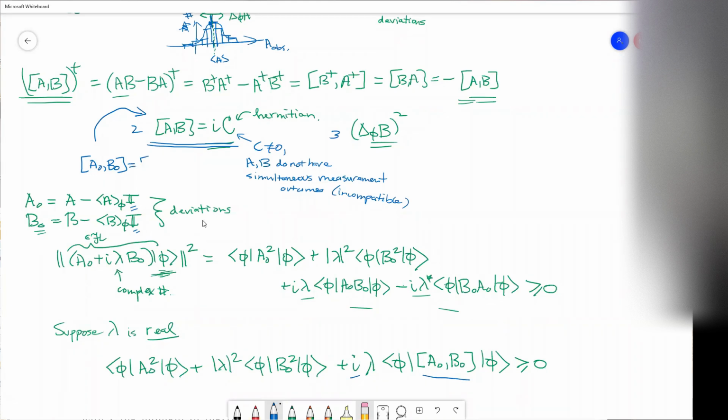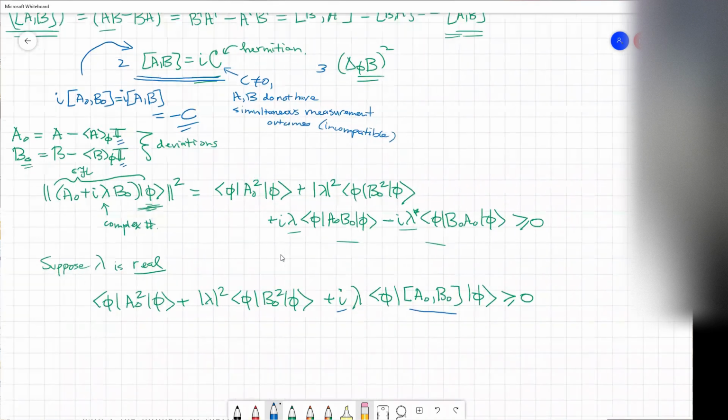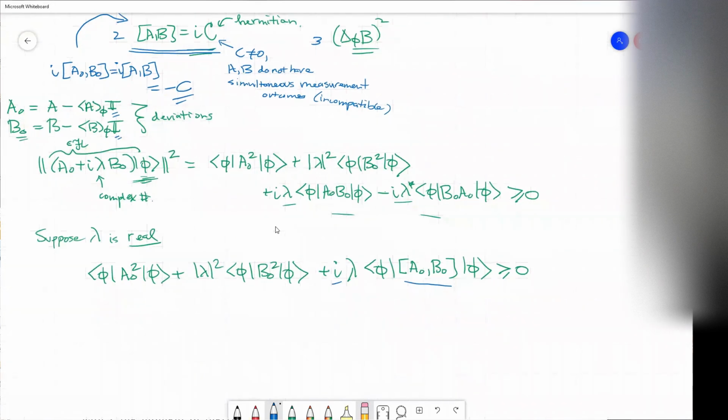Then the commutator between a naught and b naught must be the same as the commutator between a and b. And if I tack on a little I here, then this just becomes minus c. So then we get that this becomes minus lambda phi c phi.